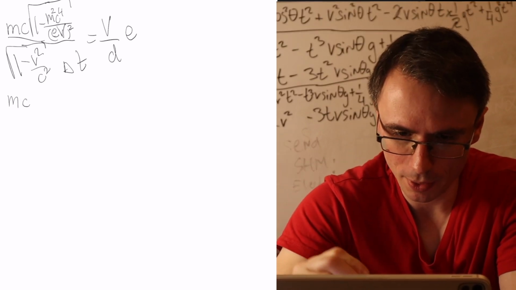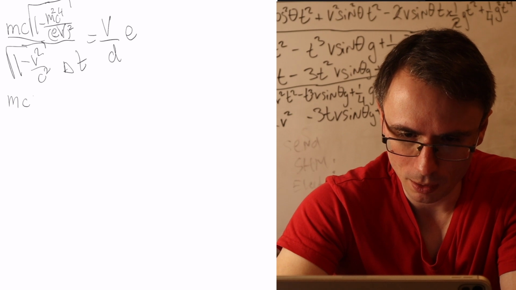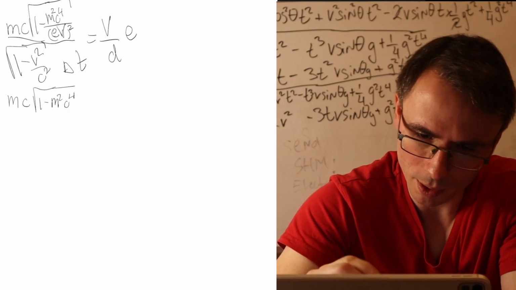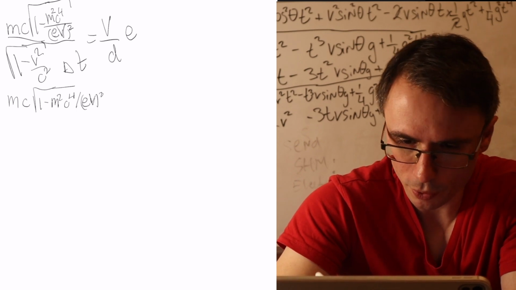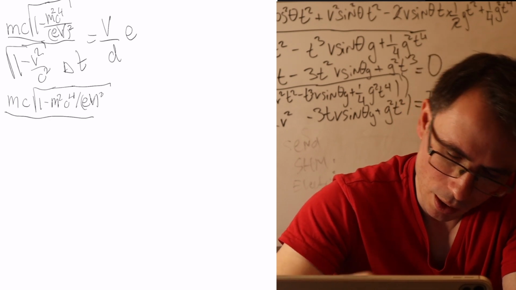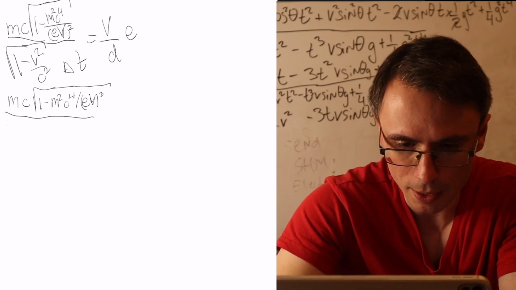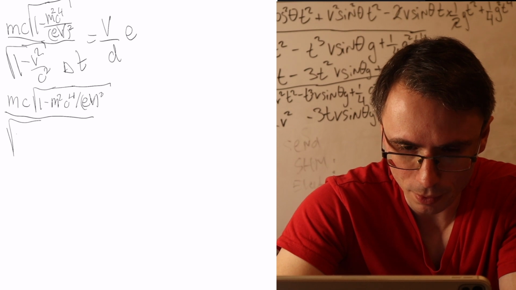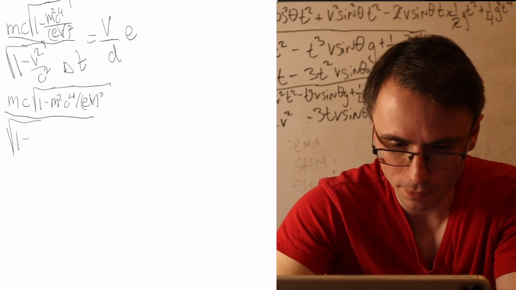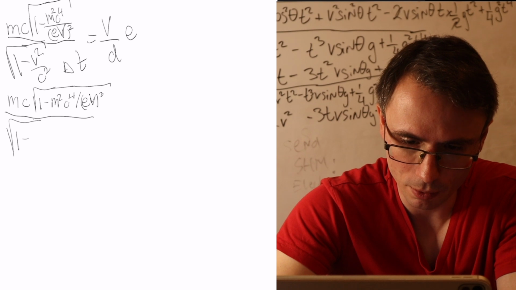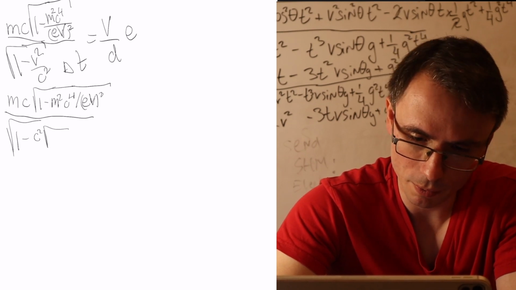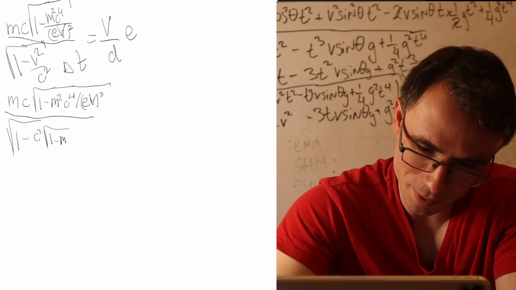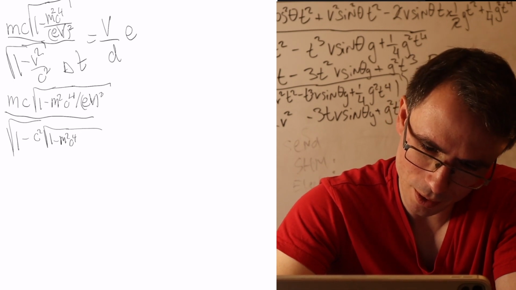We're going to have mc, and then 1 minus m squared c to the power of 4, divide that by eV for voltage squared. Okay, divide that by the square root of 1 minus v squared, which is going to be equal to c squared, and then square root of 1 minus m squared c to the power of 4.